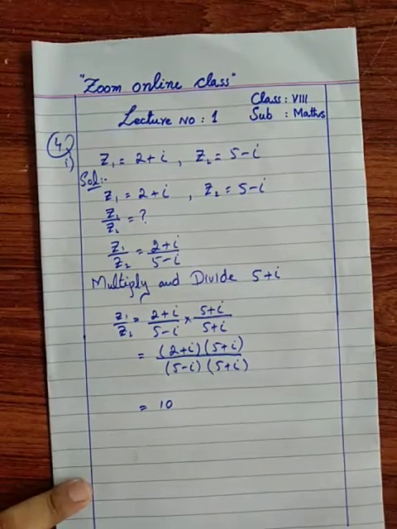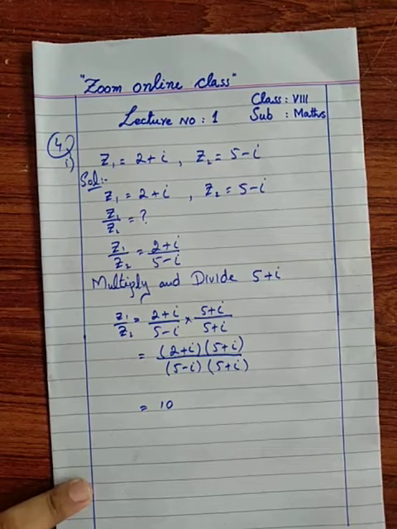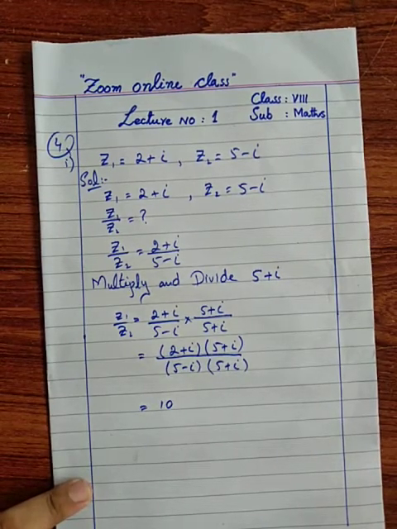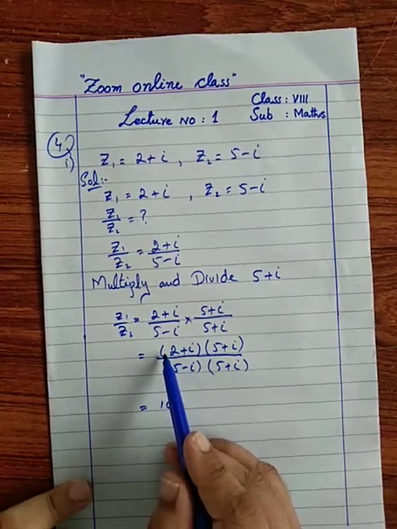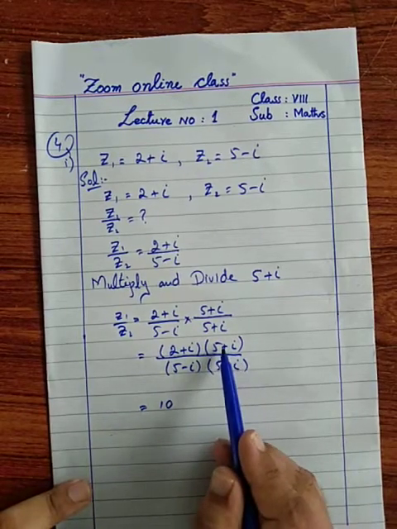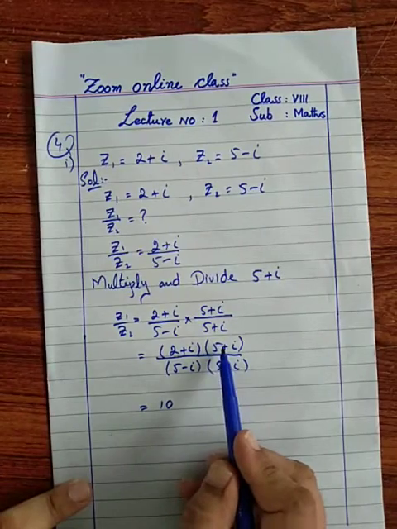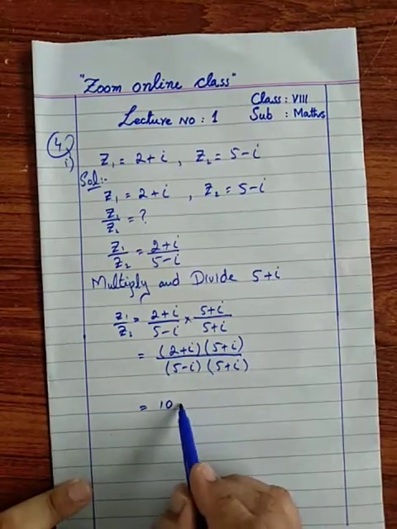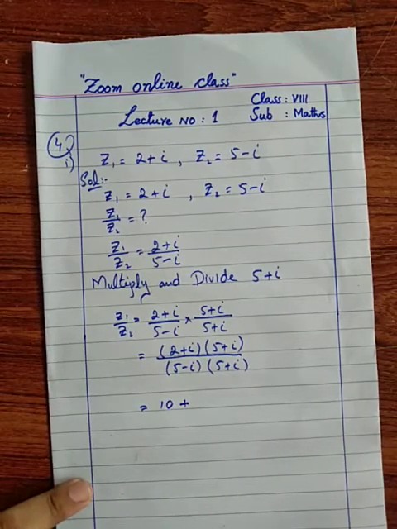As the rule of multiplication, dear students, first you should multiply the signs. Here the sign of 2 is plus and the sign of iota is also plus. So plus and plus, as we multiply plus with plus, we get the plus sign, the positive sign.